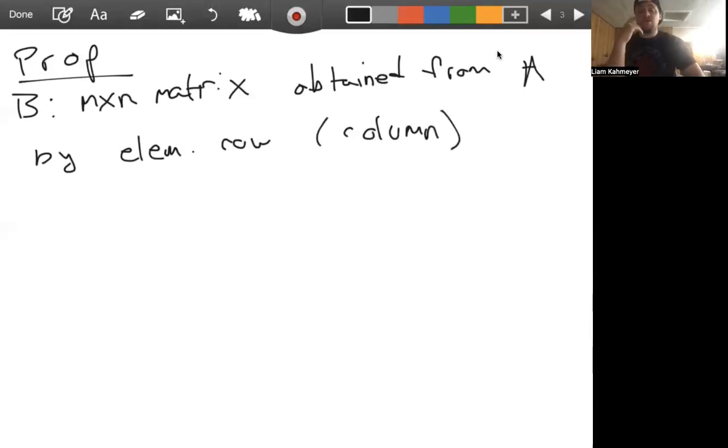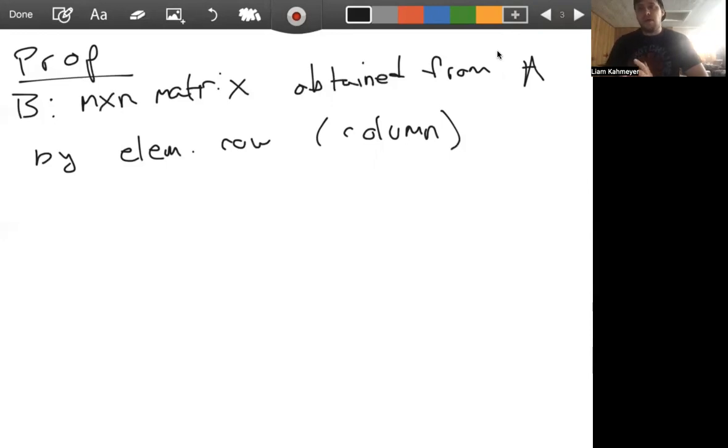You could do all of these row operations where you swap two rows, or you take a linear combination of two rows and replace a row. You could do all of that with columns as well. And if you want to think about it, what would column operations instead of row operations be doing? Really, that would be doing row operations on the transpose.